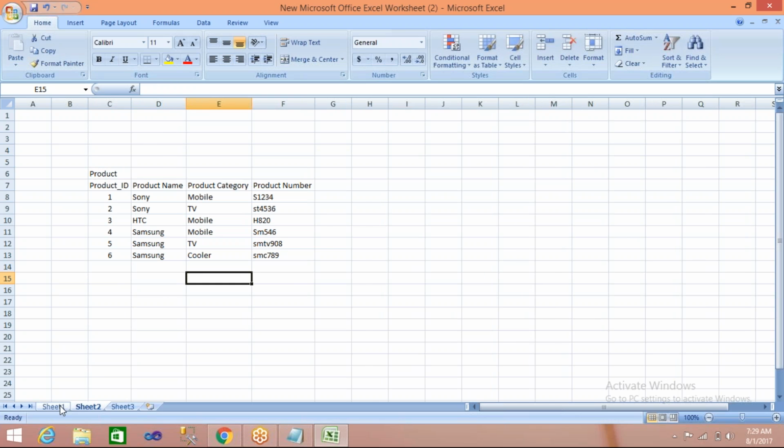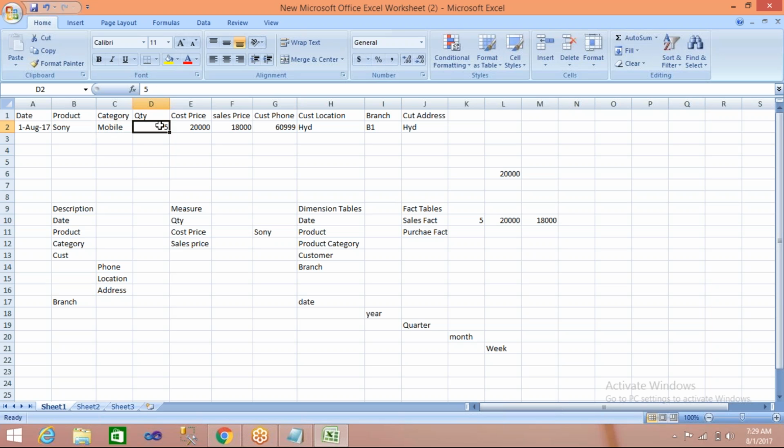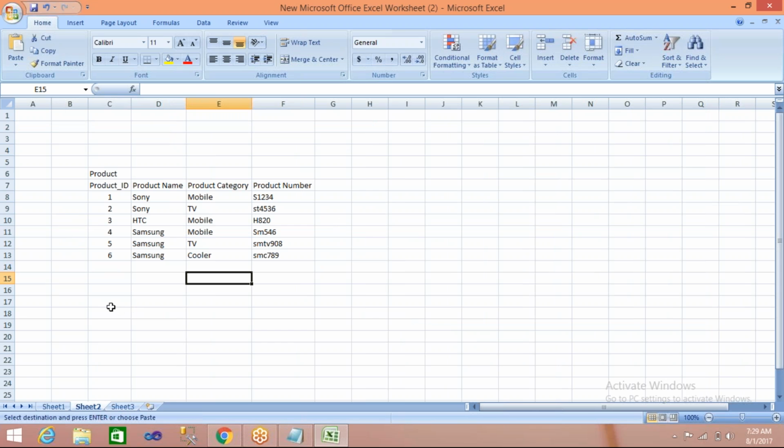Let us say this is the transaction that happened, and in the sales fact table this is the information we have. This is the quantity, this is the cost price, and this is the selling price.